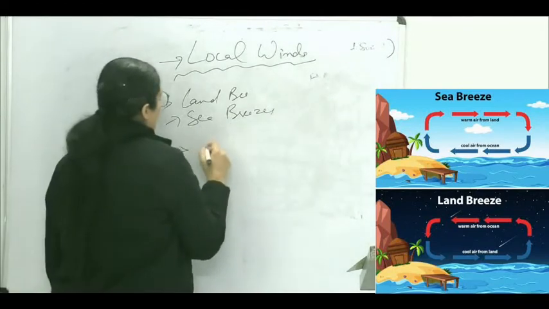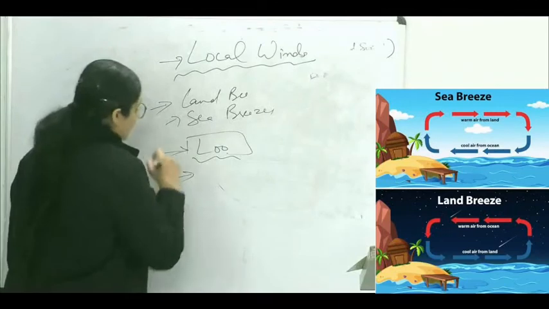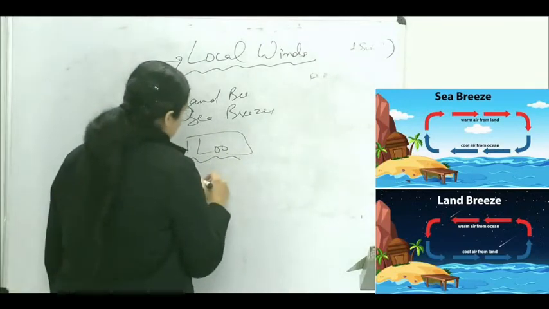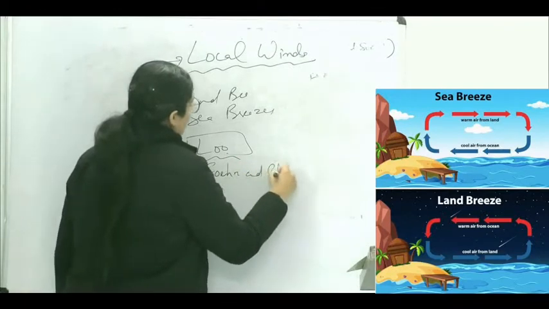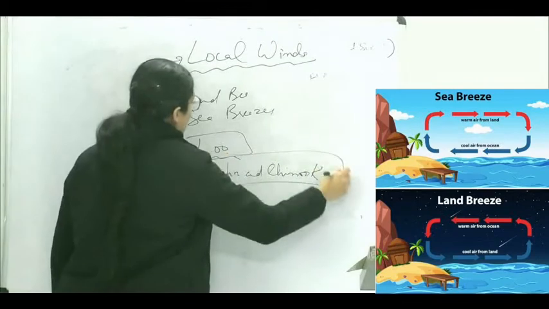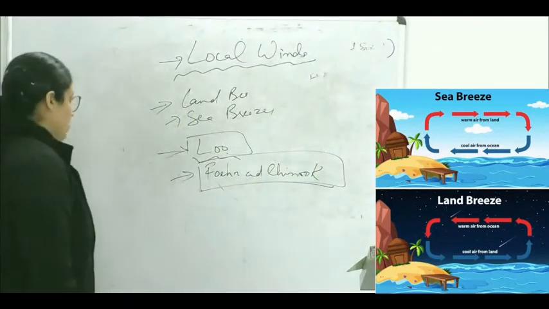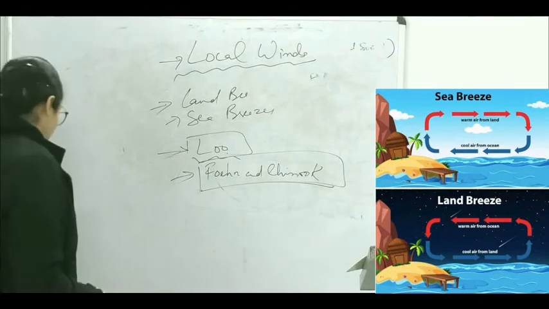Then we have your Loo, in the Indian subcontinent, somewhat in Pakistan also, and we have Fohn and Chinook. These we will be doing when we discuss the biomes. So these are local wind circulations that blow in a particular confined area for a brief period.